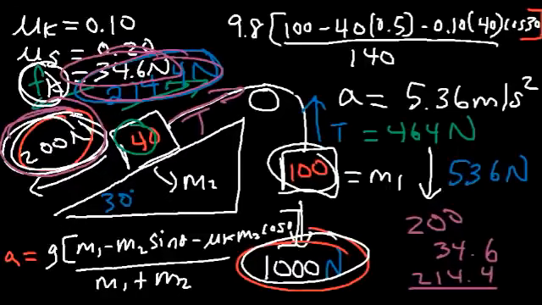So if we add those three values, 200 plus 34.6 plus 214.4, you get about 449. So let's see what happened, because those numbers aren't exactly the same. They're close, but there's a small difference.